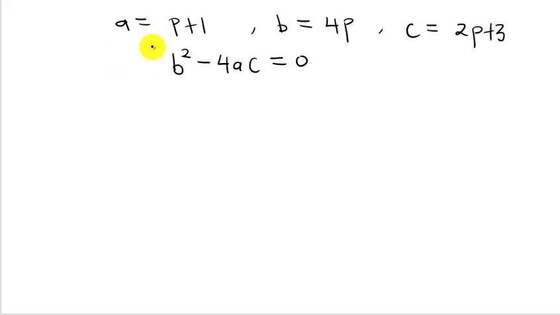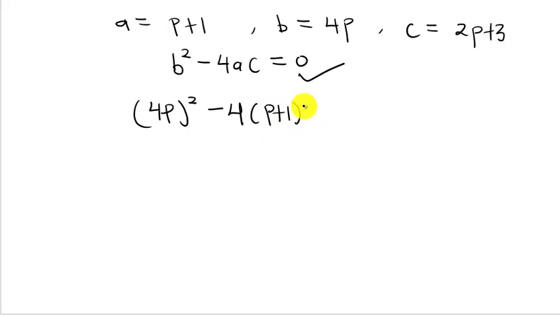So we substitute what a, b, and c represent into this equation. We have b², that is (4p)², minus 4 times a, which is p + 1, multiplying c, which is 2p + 3. Therefore, this is equal to 0.